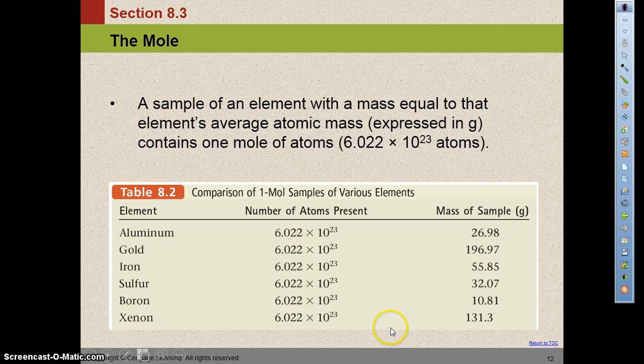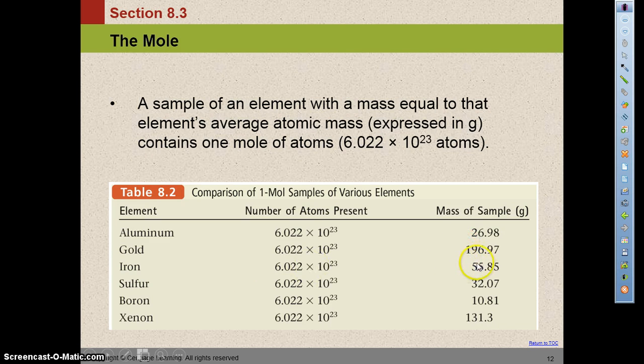A sample of an element with a mass equal to that element's average atomic mass in grams contains 1 mole of atoms. So for aluminum, if I have a mole of aluminum, which is 6.022 times 10 to the 23rd atoms, it's going to weigh 26.98 grams. And again, that came from the periodic table. Look at the difference between the mass of gold and the mass of aluminum.